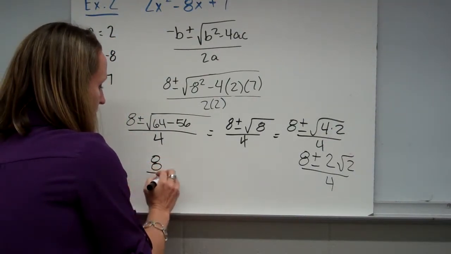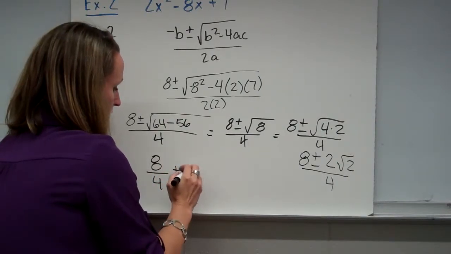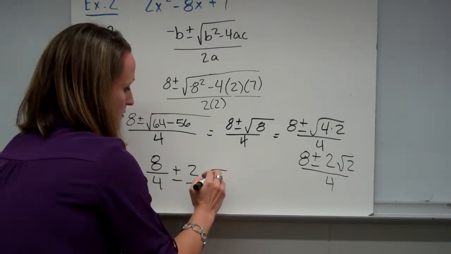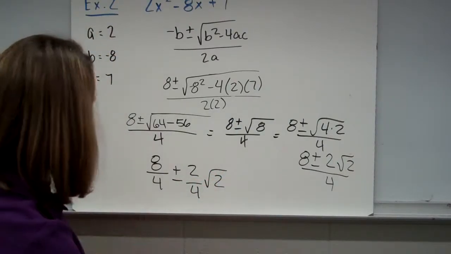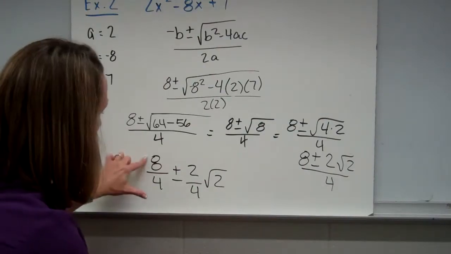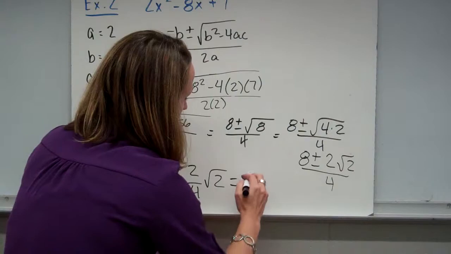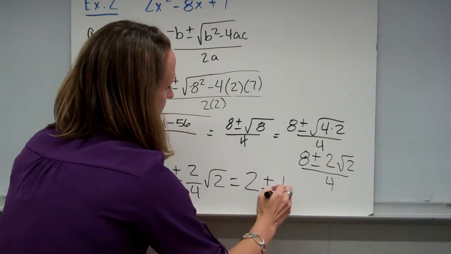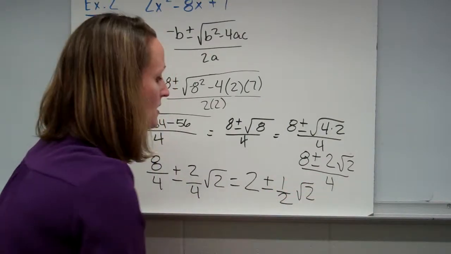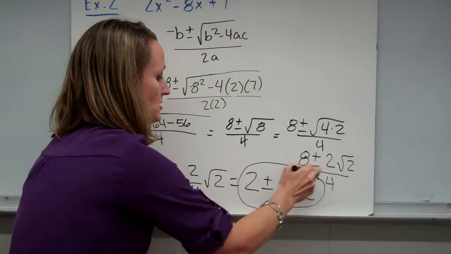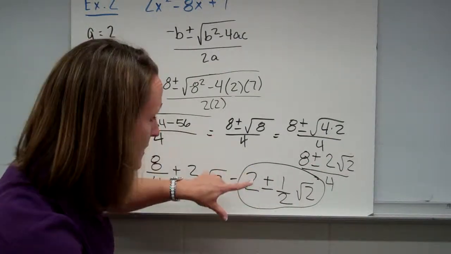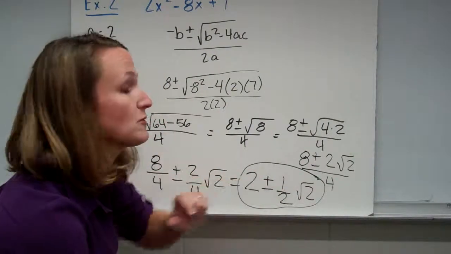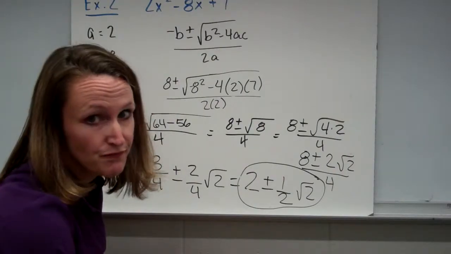We have 8 over 4 plus or minus 2 over 4 square roots of 2. And we can simplify and leave it this way. 8 over 4 is 2, plus or minus 2 over 4 simplifies to 1/2 square roots of 2. You can leave your answer just like this because you would have two answers this way: 2 plus 1/2 square roots of 2 and 2 minus 1/2 square roots of 2. It's an ugly answer, but it works.